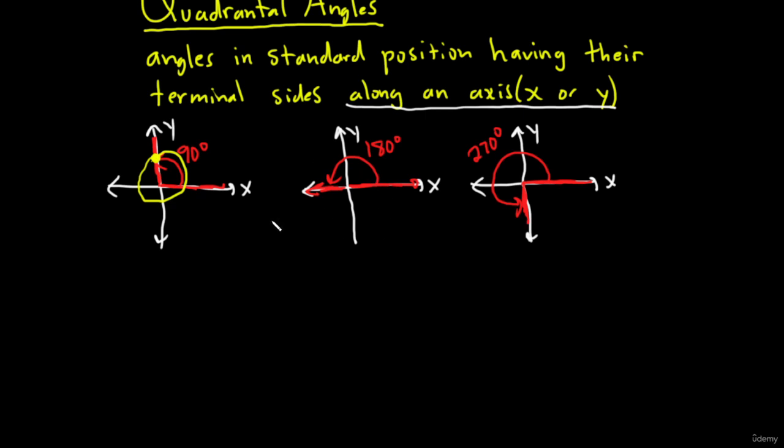So whenever you have angles that have the same initial and terminal side, but different amounts of rotation, they're called coterminal. Let me write that down. So coterminal, this is important because we're going to use this to do some examples. So coterminal angles.